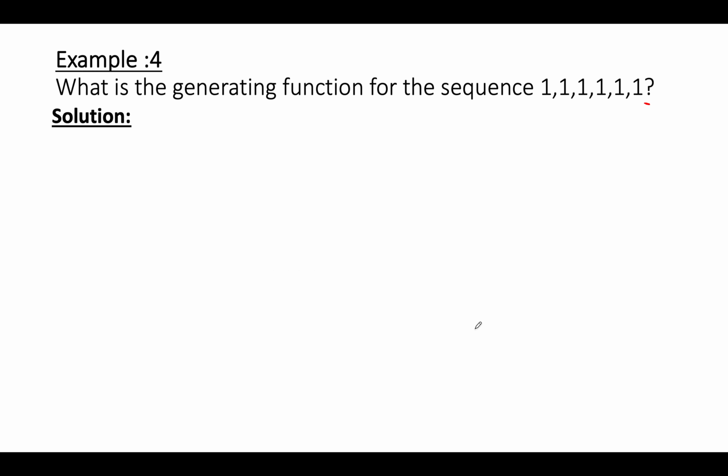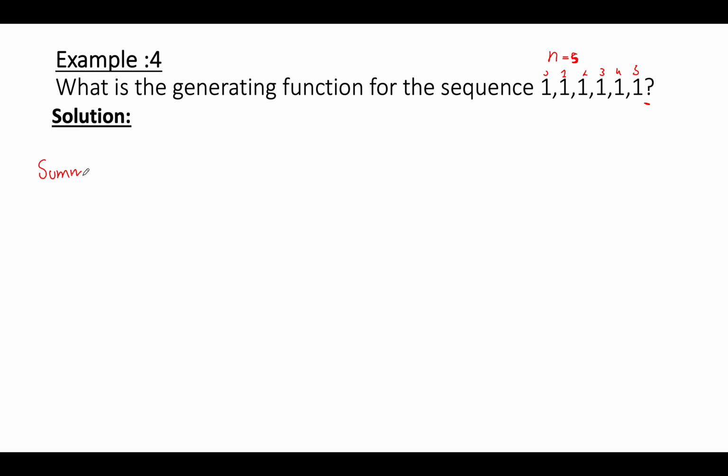Now let's see this example here. In this example, we need to find the generating function for the following finite sequence. I got 1, 1, 1, 1, 1, 1. So here we can see that if we start from 0, the indices are 0, 1, 2, 3, 4, and 5, so n is equal to 5.